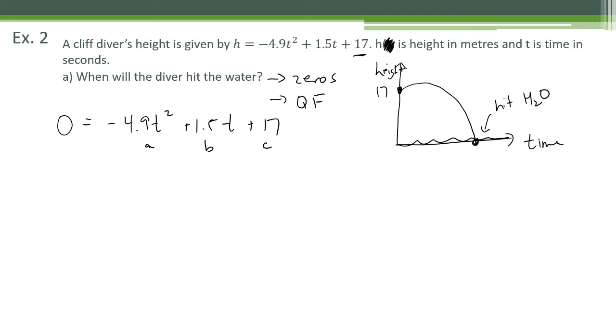Since we're being asked for time, round all answers to 1 decimal place if necessary. So again, pause it, run that through the quadratic formula, and then come back when you're done.